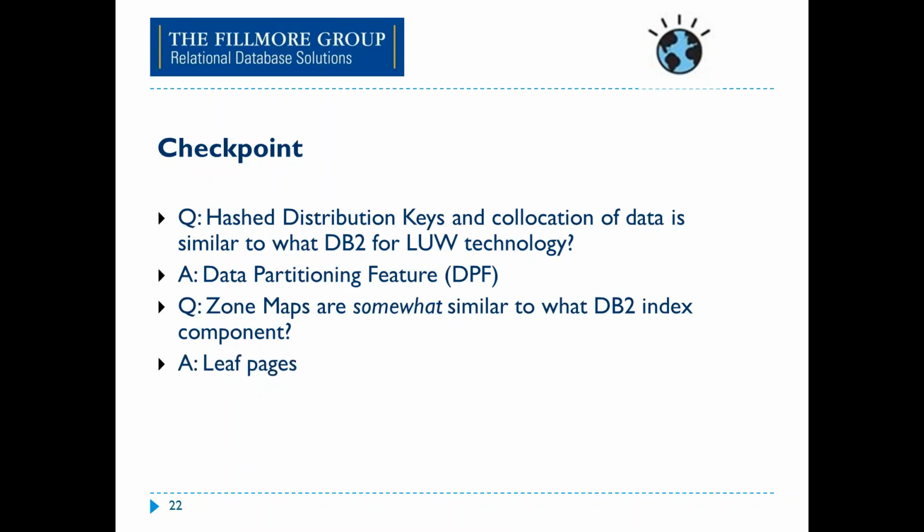Instead of containing all of the key values for every row, they contain the minimum and maximum of the values found on a particular extent. So the leaf page contains a RID, or row ID, for each different key value, whereas the zone map is a minimum and maximum key value for a 3 megabyte extent, but somewhat similar in that they're leading you to the data itself by giving you ranges of key values that you can find.